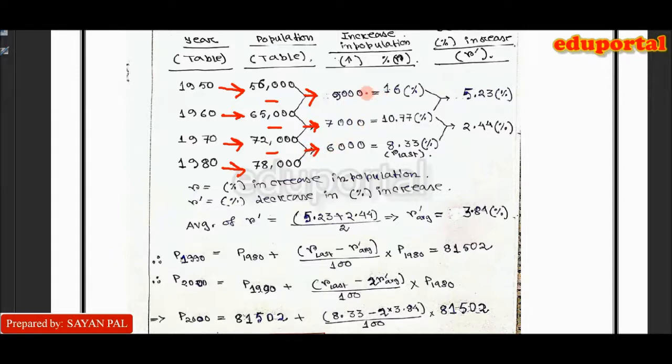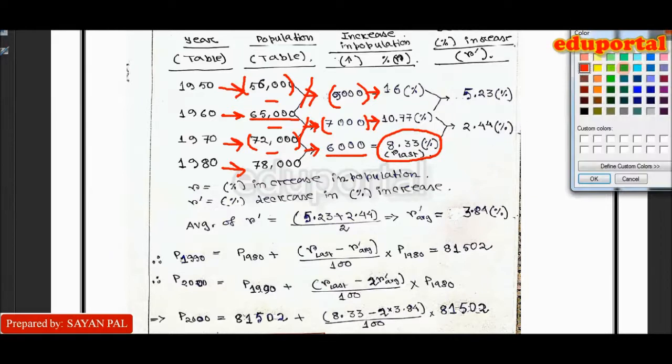Now make it a percentage. 9,000 divided by 56,000 gives 16%. Similarly, 7,000 divided by 65,000 gives 10.77%, and 6,000 divided by 72,000 gives 8.33%. This is the latest percentage increase in population.